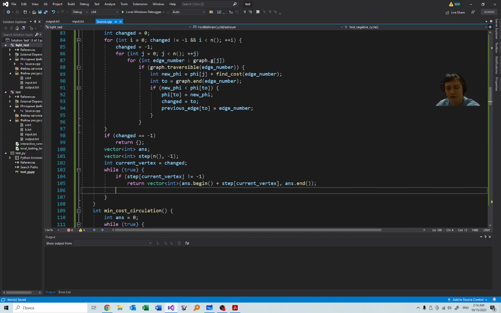Now we assume that I have not seen this vertex. Then I jump back.